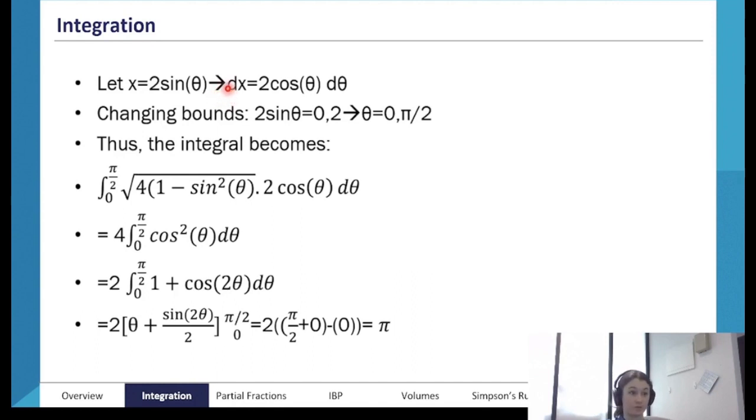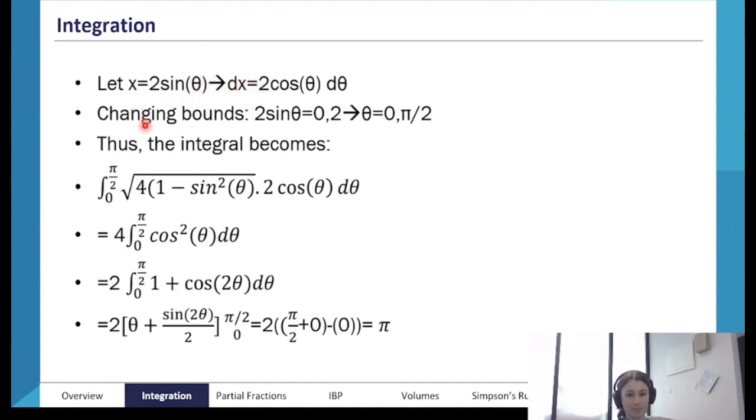So this is, of course, the second step of substitution, where we let our substitution be equal to a particular letter. Then we differentiate that and we isolate the dx.